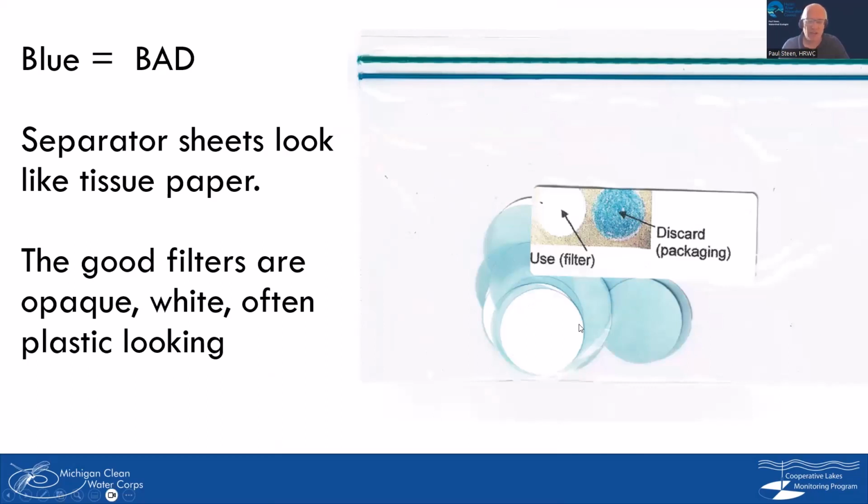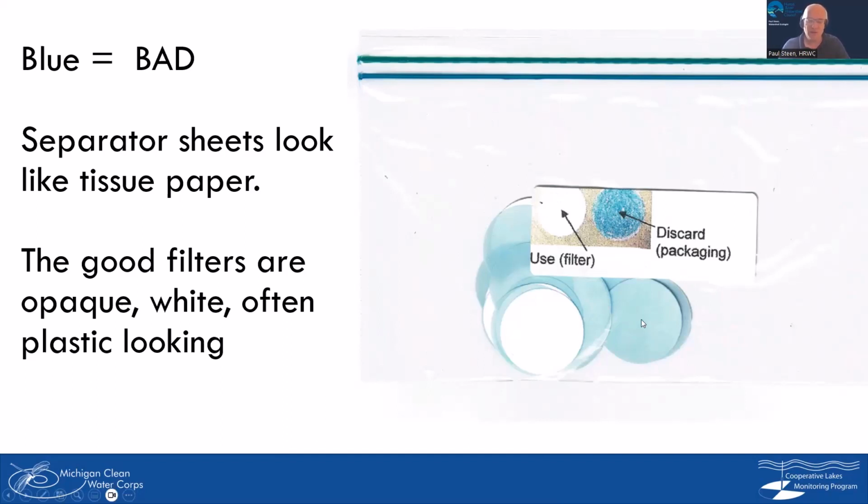And then you'll also have blue circles that look more like tissue paper. It's very important that you always throw the blue circles away and do not use them. They are separator sheets that are used to keep the filters from sticking to each other. That's why they're in there.